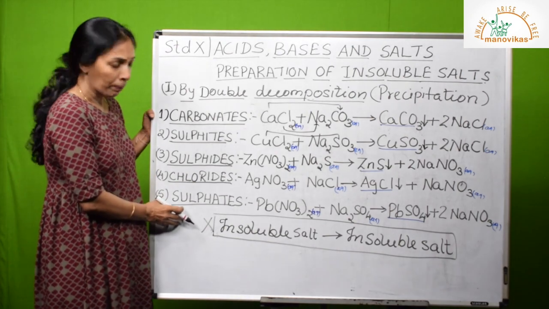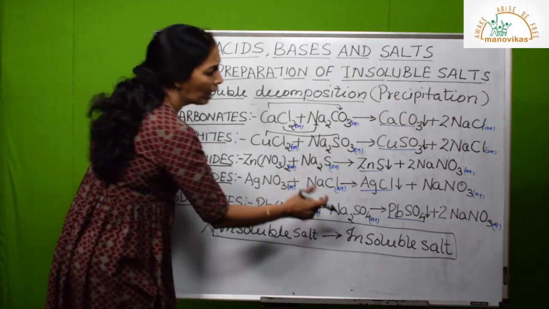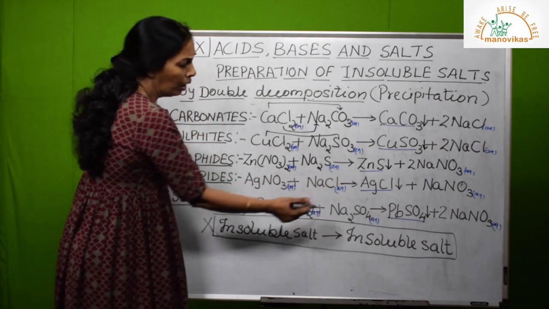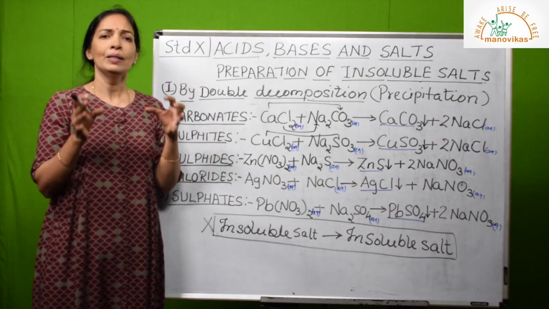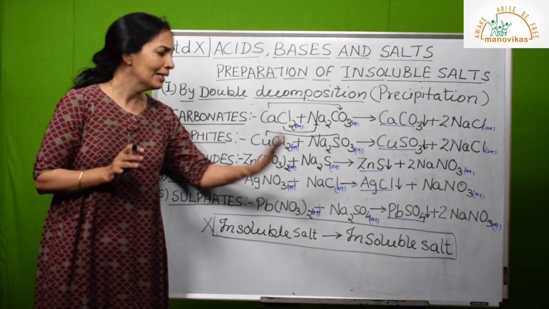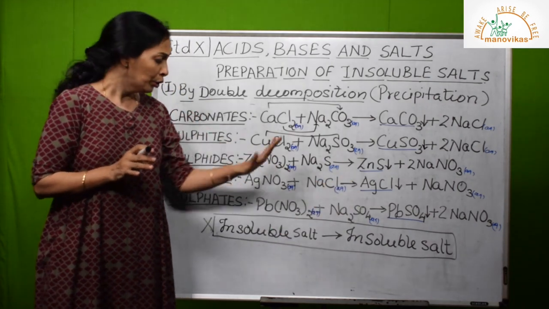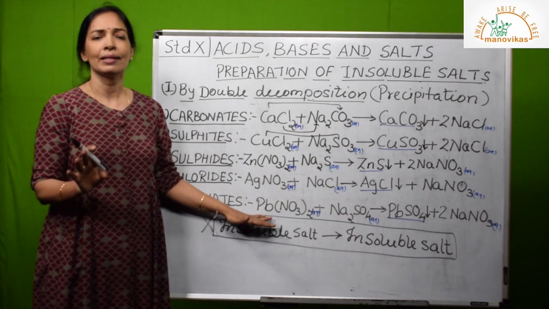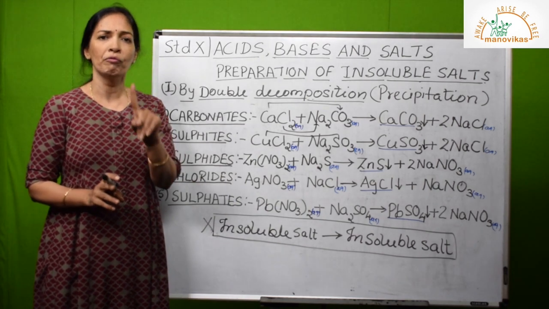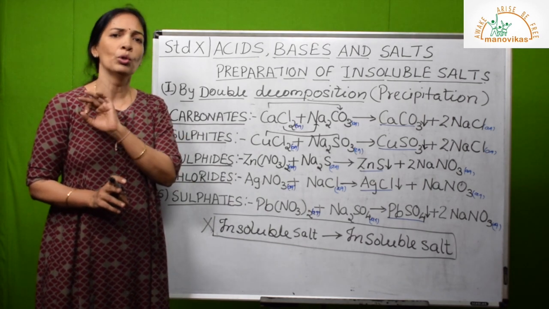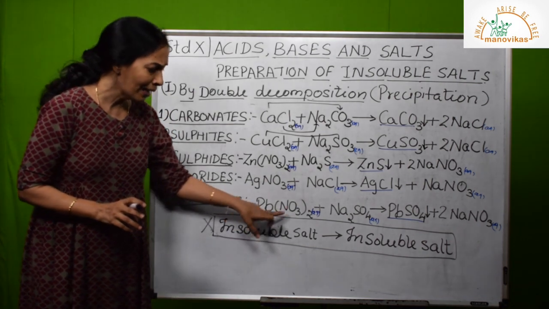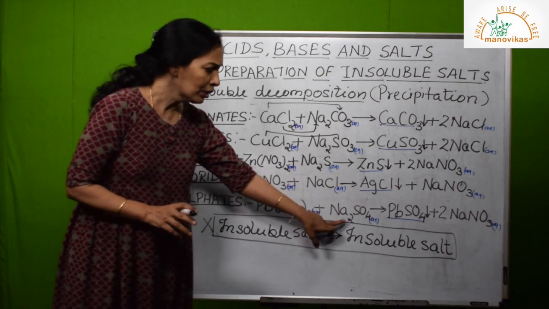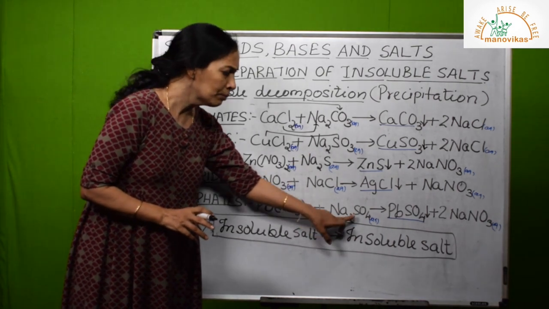Then if you want to prepare a sulfate, let us suppose we have to prepare lead sulfate. I am giving one example over here. Whenever an insoluble salt of lead is the desirable salt, you have to start with lead nitrate because lead has only one soluble salt. So there is no other choice instead of taking lead nitrate. Lead nitrate is treated with soluble sulfate, sodium sulfate.